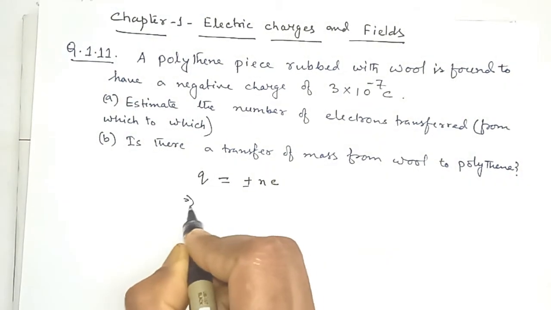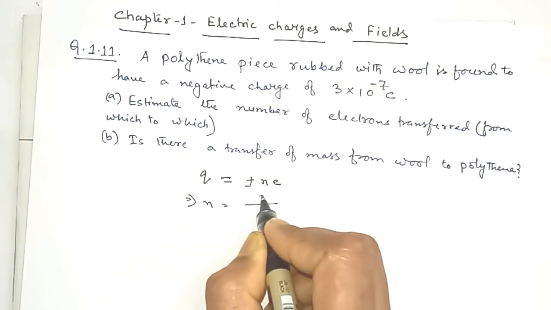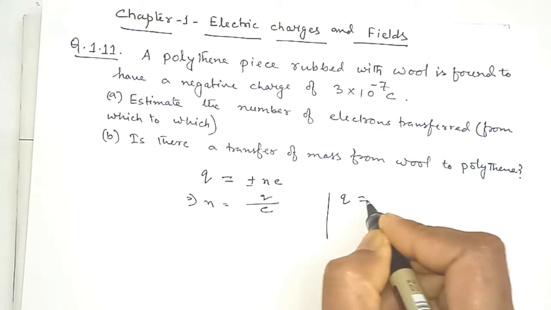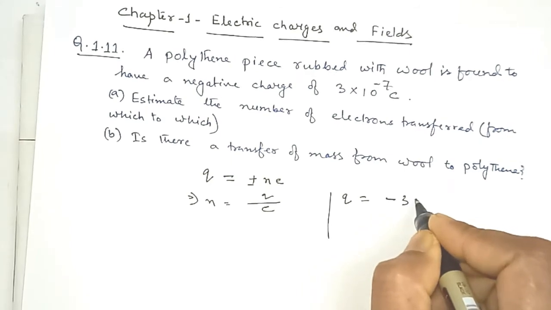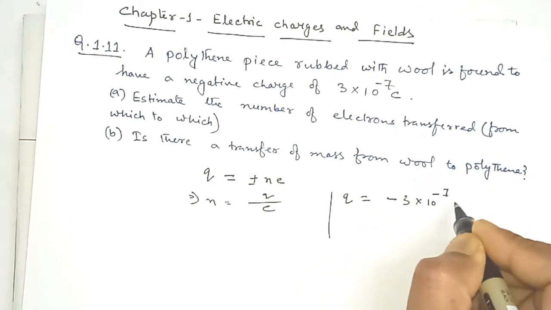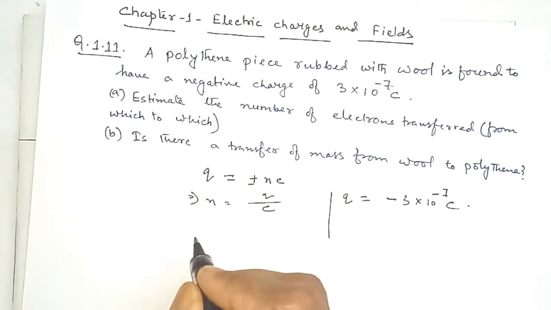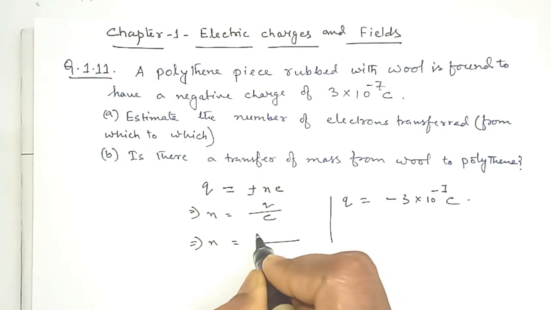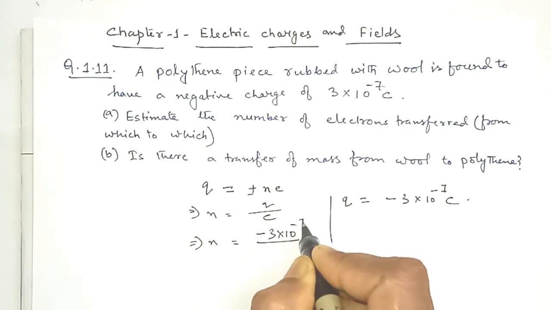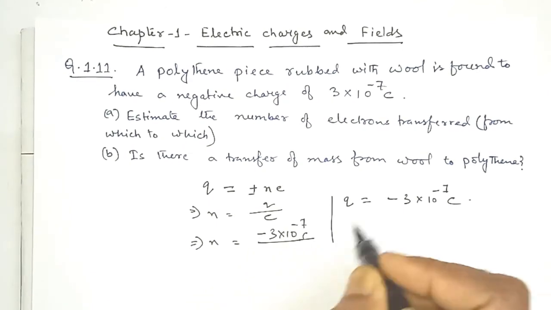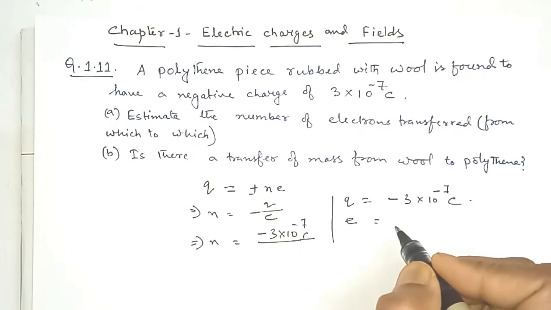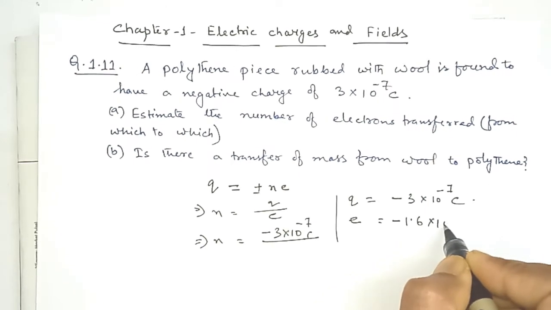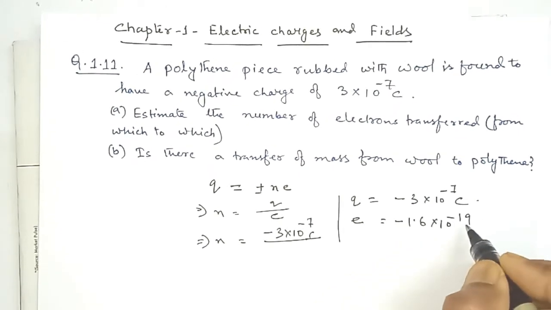So I can write that N equal to Q by E. The value of Q is minus 3 into 10 to the power minus 7 coulomb, and the value of E, that is the charge of an electron, is minus 1.6 into 10 to the power minus 19 coulomb.